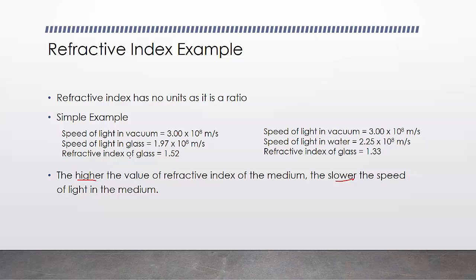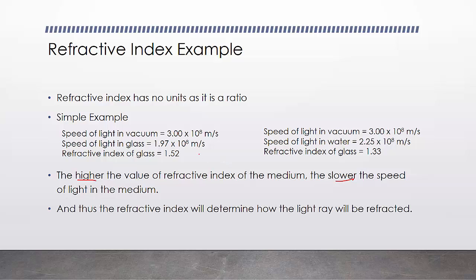So if you have a high refractive index value, it will bend the light more. The refractive index will determine how the light ray will be refracted.